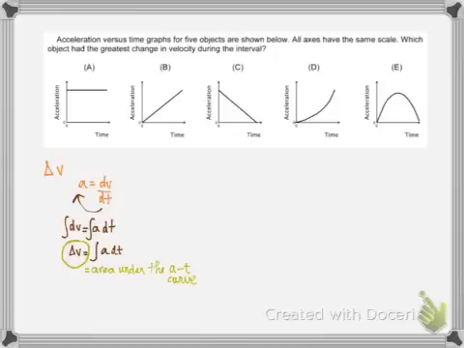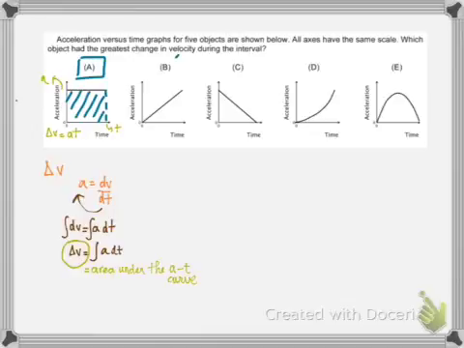So let us look at each option here. For the A option, we see that the area covered is this one, which is quite large, because if we take this as A here and this one as T here, then the change in velocity will be equal to AT because it is a rectangle.